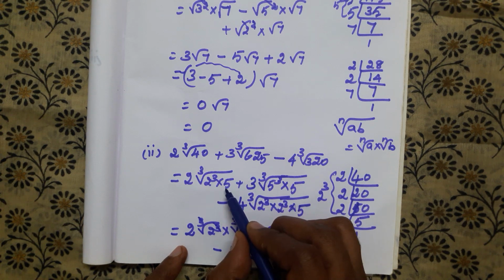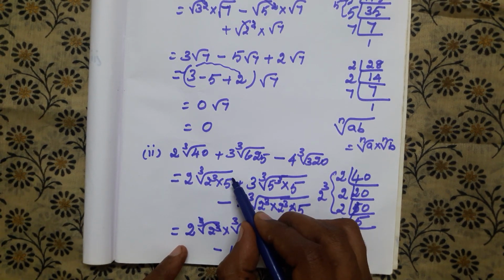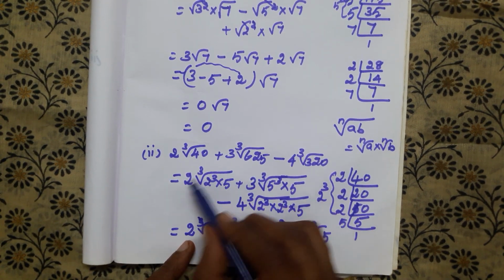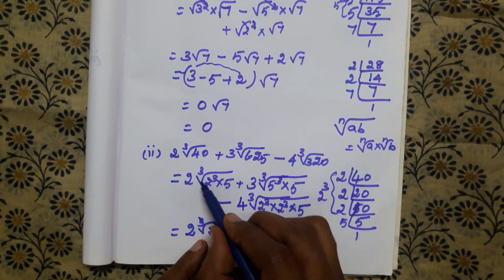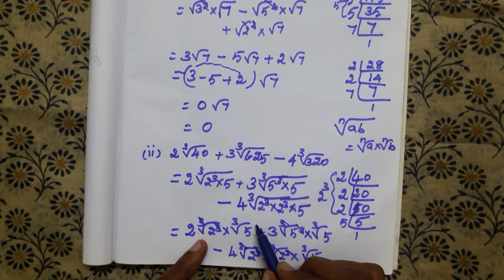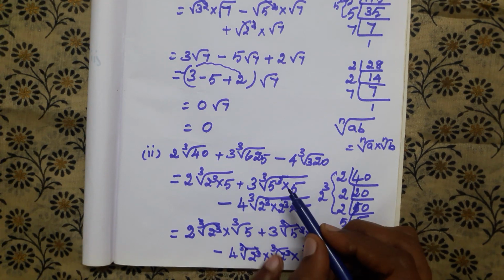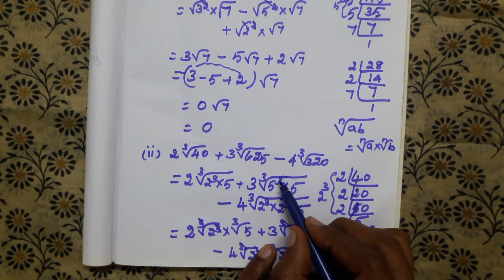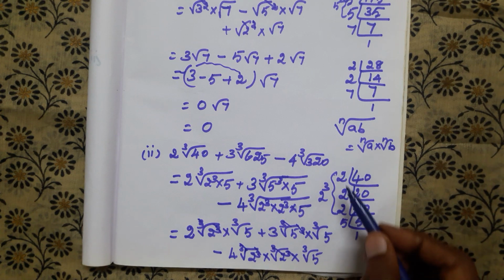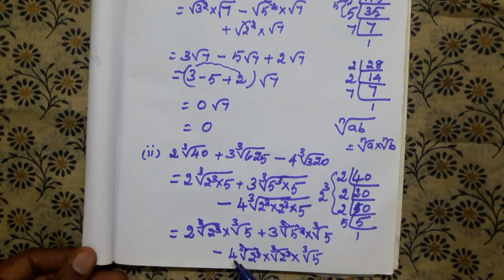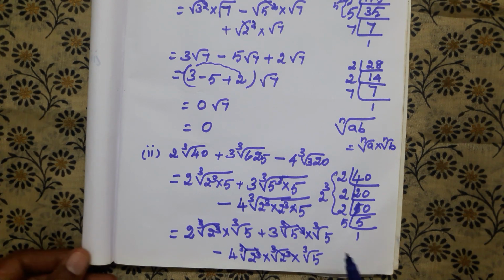Here we can write the nth root of a into b is equal to the nth root of a into the nth root of b. So 2 into cube root of 2 cube into cube root of 5. Next 3 into cube root of 5 cube into cube root of 5, minus 4 into cube root of 2 cube into cube root of 2 cube into cube root of 5.